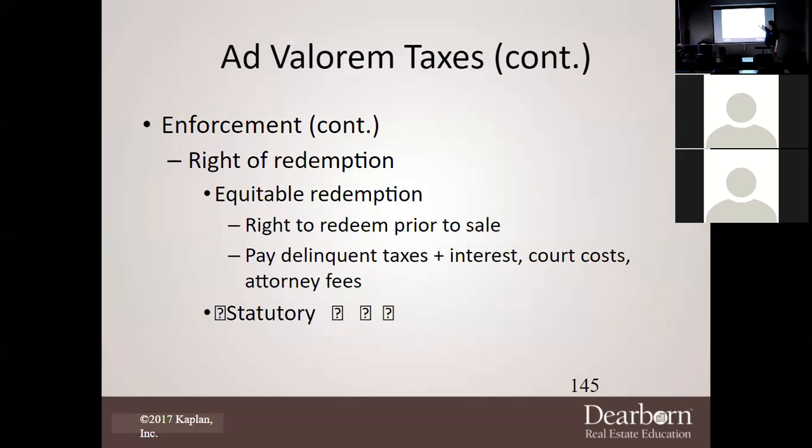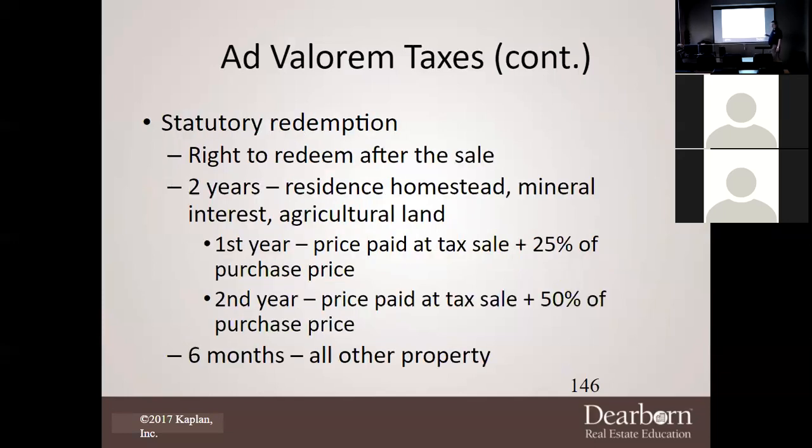Okay, so if I do buy your property and it is a homestead, then you have 2 years to redeem, but you not only have to pay what we basically paid, you also have to pay the price paid at the tax sale plus 25% of the purchase price.